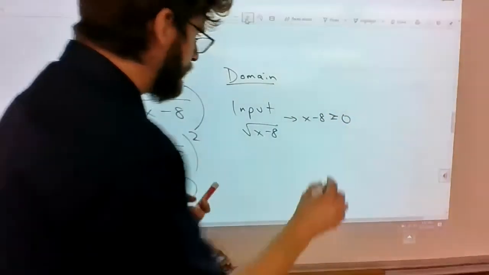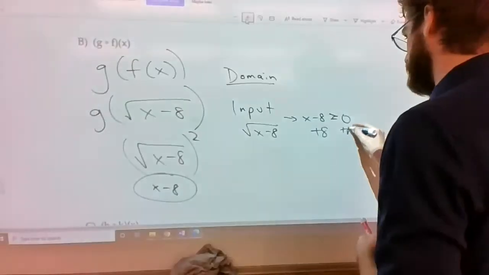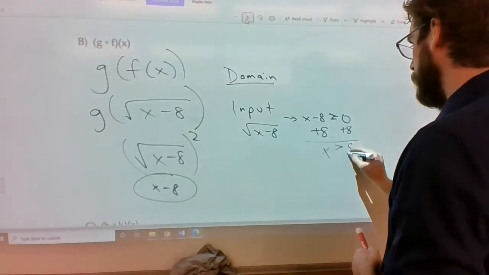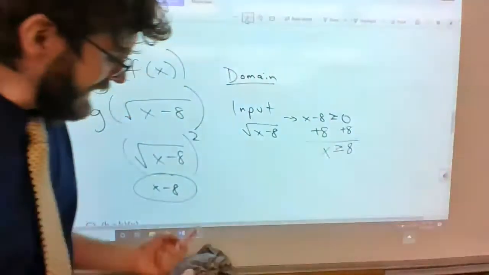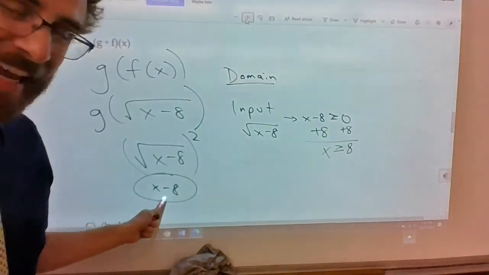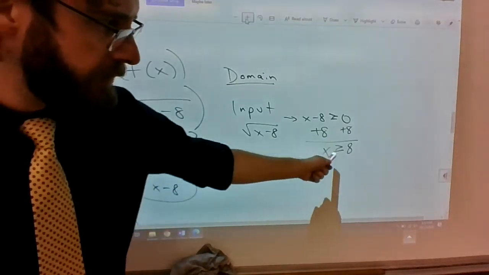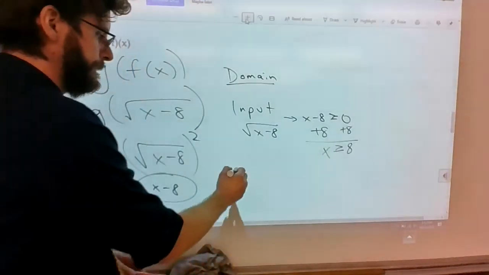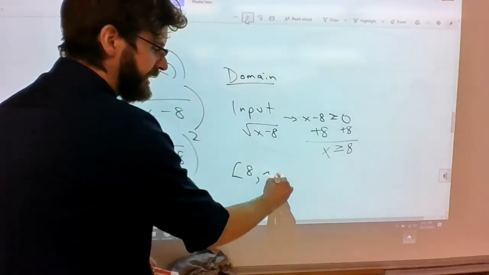So x has to be greater than or equal to 8. Even though this looks like all reals, none of the numbers that you can plug in here are less than 8. So our domain is 8 to infinity.